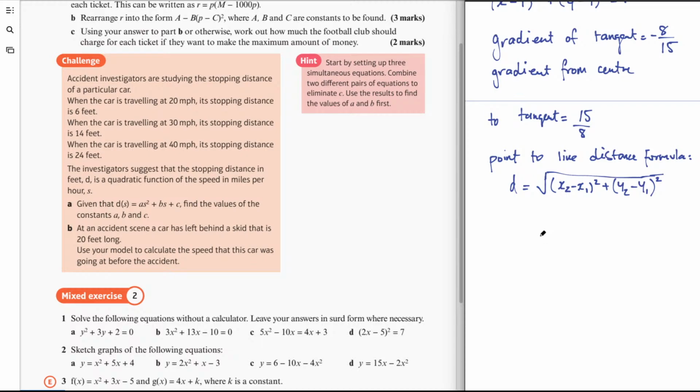So, okay, so I'll write this down. bx1 plus c over the square root of a squared plus b squared. Huh.